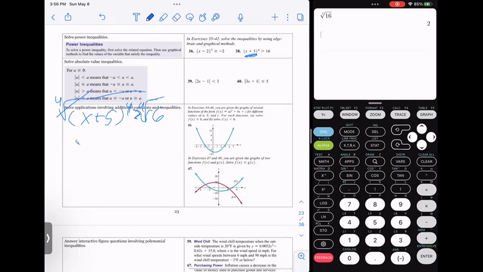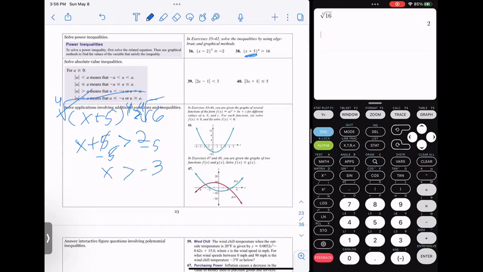So here we have x plus 5 is strictly greater than 2. How do I get x by itself now? Subtract 5 from 2, so greater than -3.